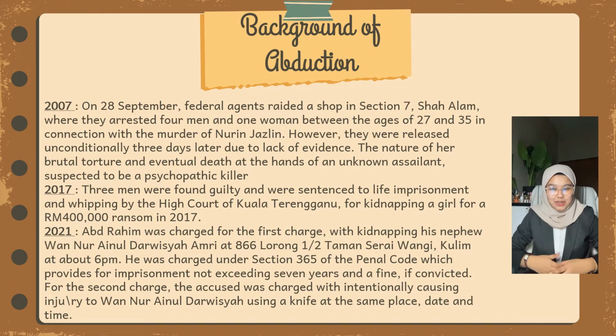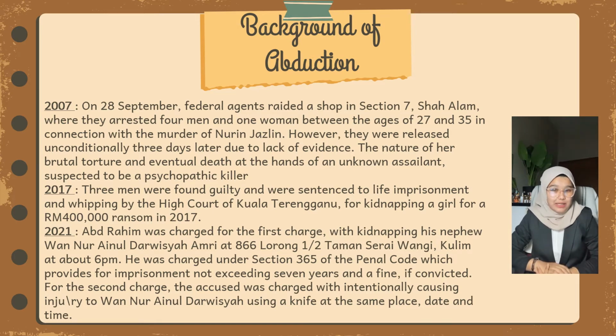Let's go through some of the background of abduction in Malaysia. In 2007, on 28th of September, federal agents raided a shop in Section 7, Shah Alam, where they arrested 4 men and 2 women between the ages of 27 and 35 in connection with the murder of Nurin Jazlin.